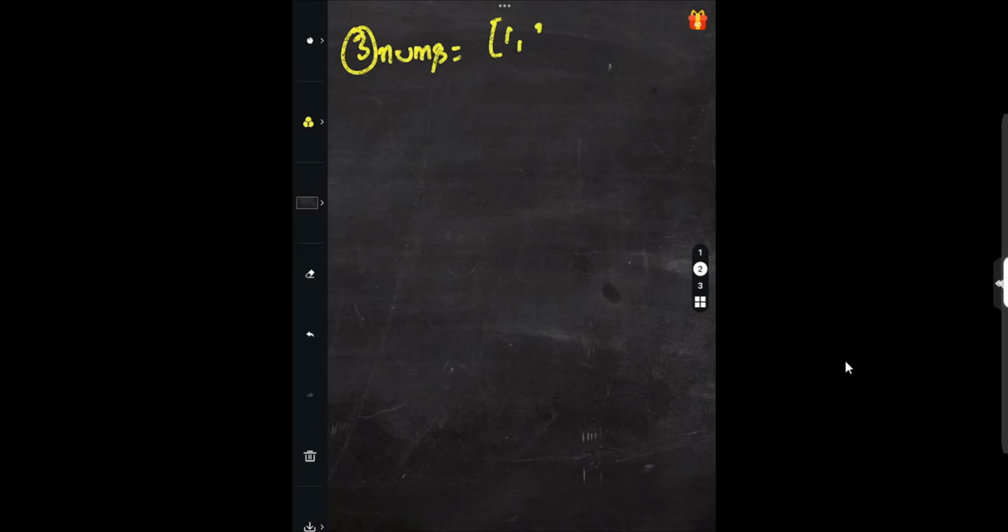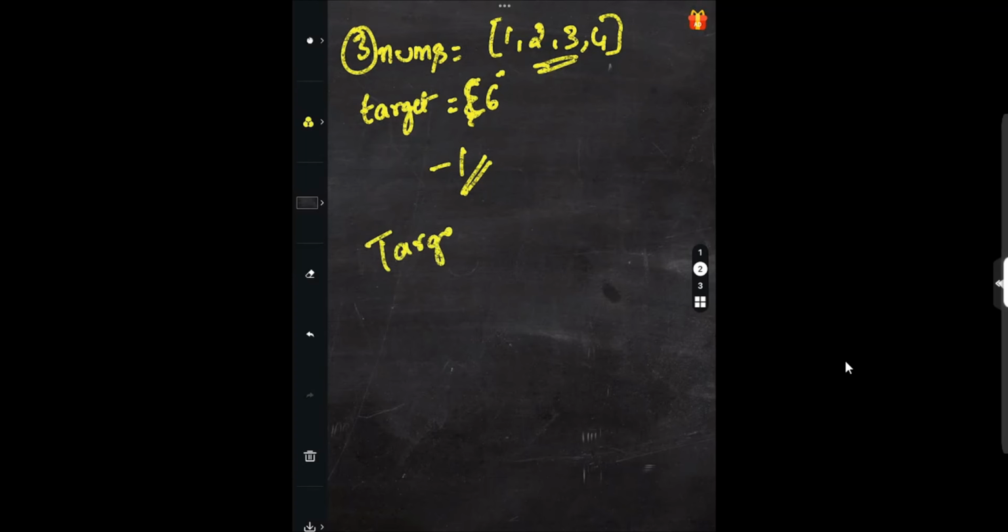Nums, let me consider 1, 2, 3, 4, some random numbers, and target, let me give here something, 6. So 6 is not present in the array at all. So the output will be -1 here, right? So this is for target not present.